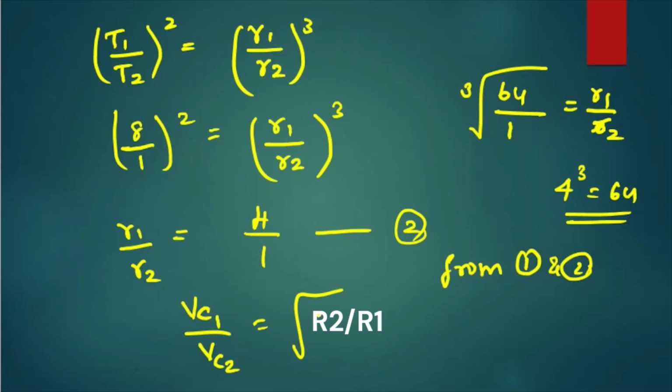Then you have to consider your R2 value as 1 and R1 value as 4, and substitute. So your VC1 by VC2 will be equal to the square root of 1 by 4.